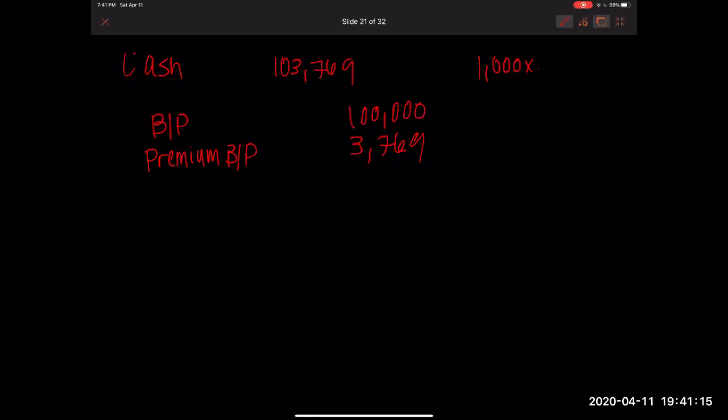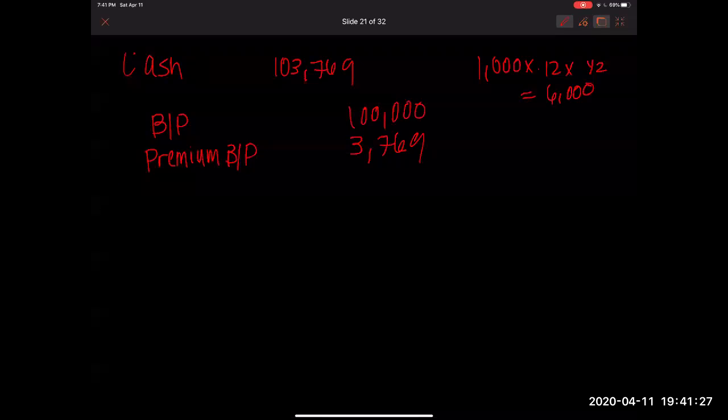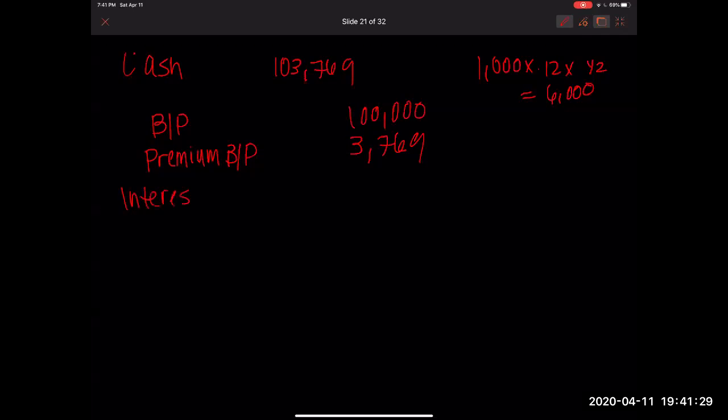We said it was, I think, 12% times 1/2 of the year, and that comes out to $6,000. That's what we're promising our investors twice a year, every year for the next 5 years. So to capture that, we're going to do a debit to interest expense in the amount of $6,000, and then our credit is going to be to cash, $6,000. All right, so this is for our investors.